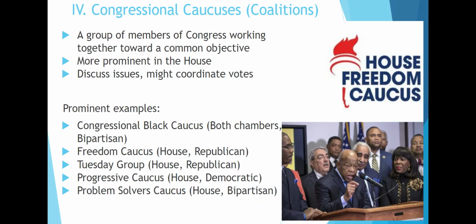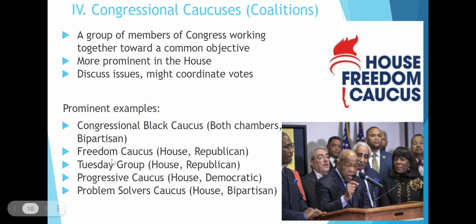So a few examples of this: the Congressional Black Caucus is members of both chambers, the House and the Senate. It's bipartisan. It's open to Republicans and Democrats. It's made up of any African American member of Congress who wants to join.